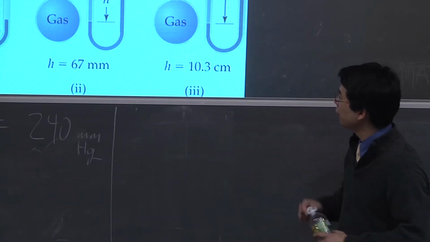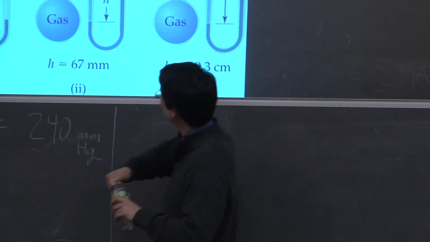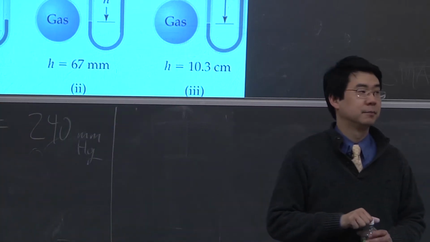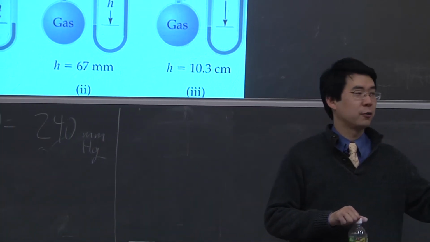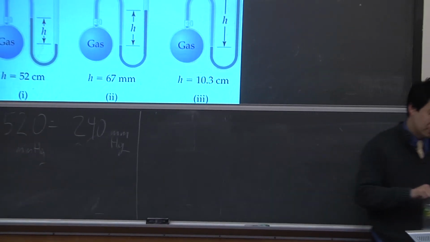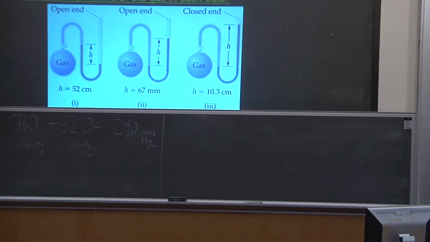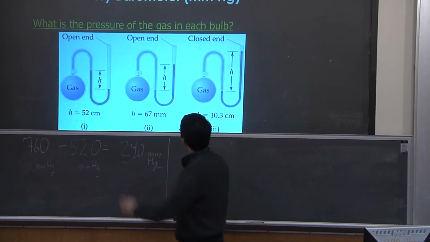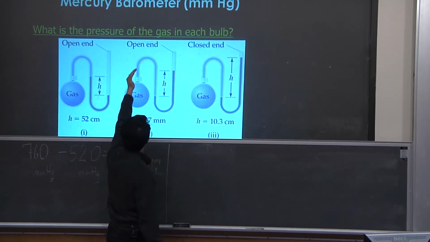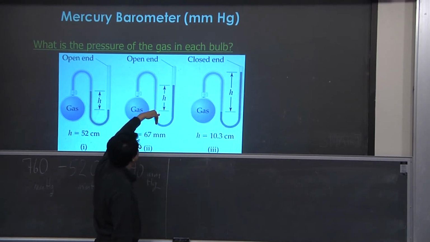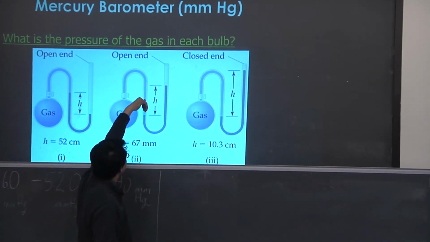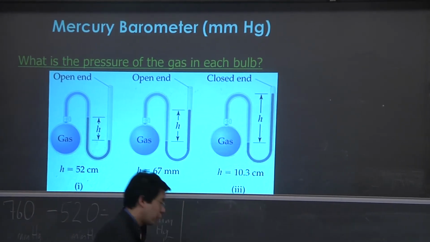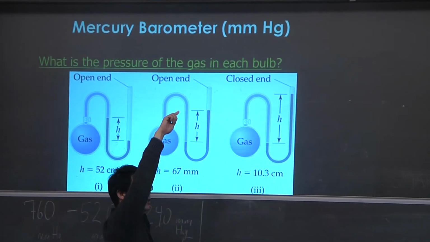So somebody who thinks that the gas is greater, explain. Well, you thought the gas was greater, right? So why do you think the gas is greater? It's pushing the mercury further up. Right, because it's pushing the mercury further up. So this side is pushing harder than this side. So if it's pushing down harder, it's pushing the other side higher.